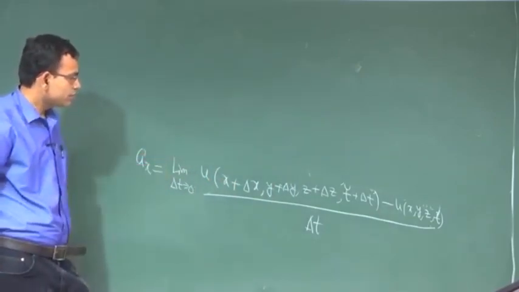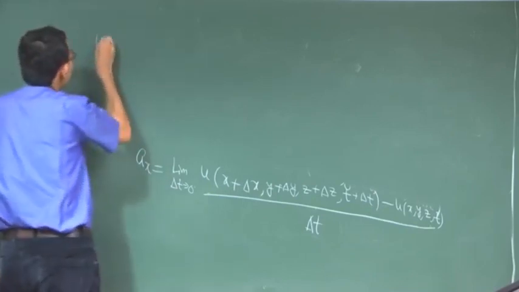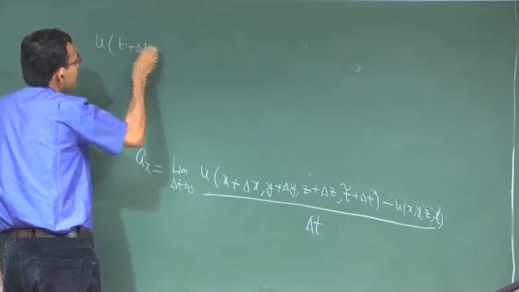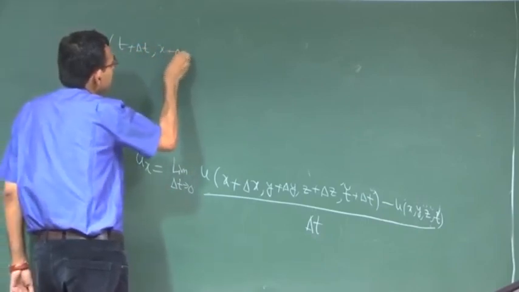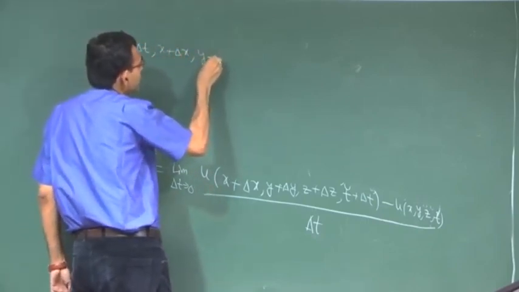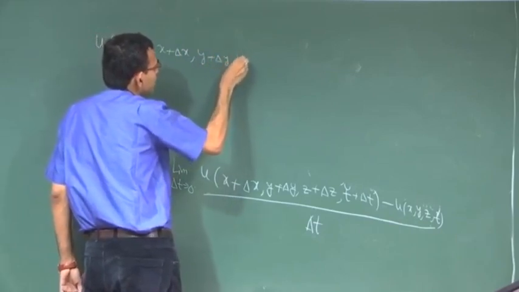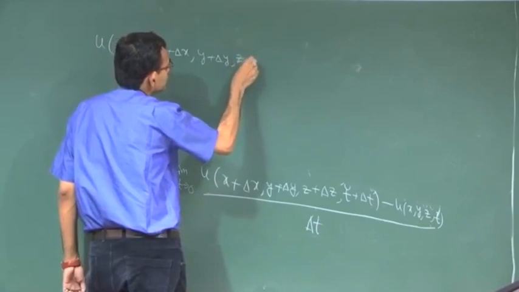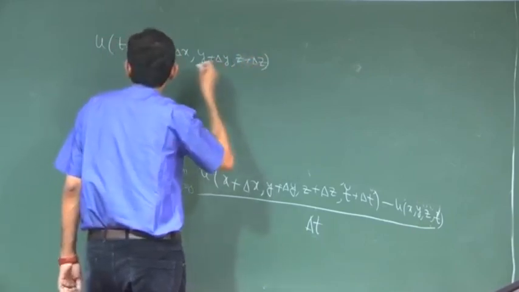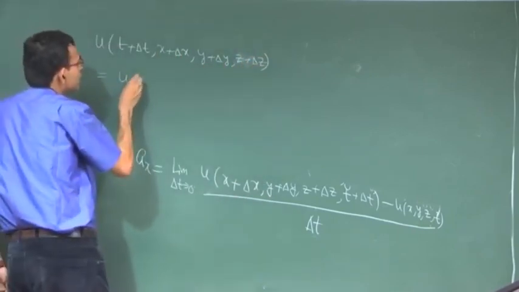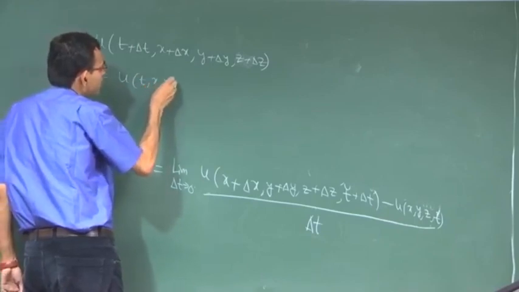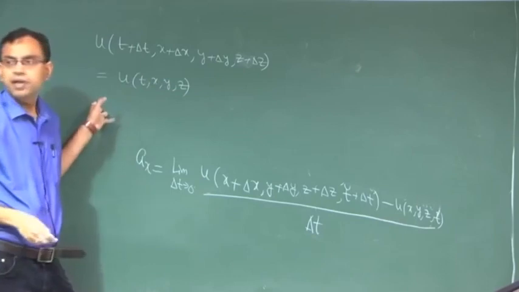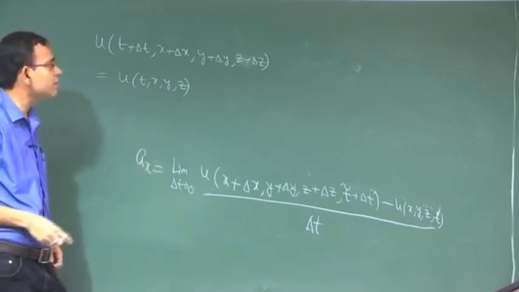So, now u at t plus delta t, x plus delta x, y plus delta y, z plus delta z is nothing but u at t comma x comma y. I am just writing t first because I will write the time derivative first, that is why I am writing t first.